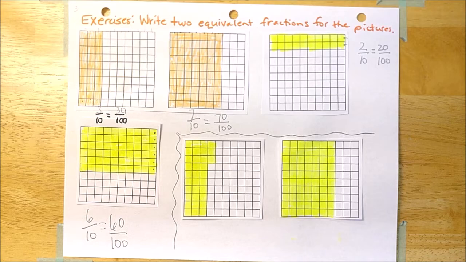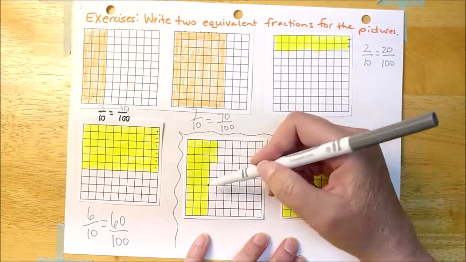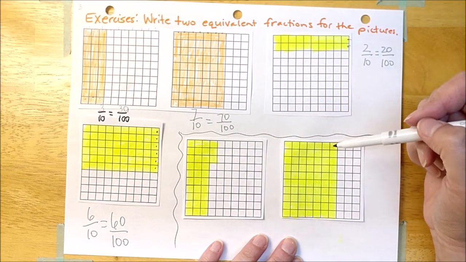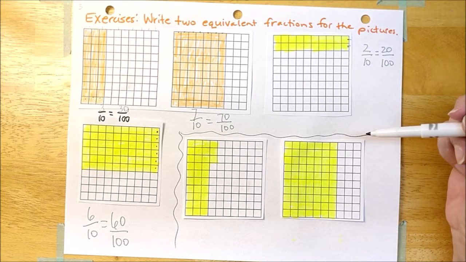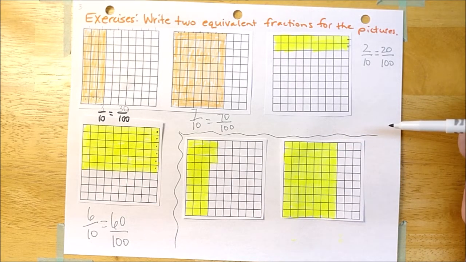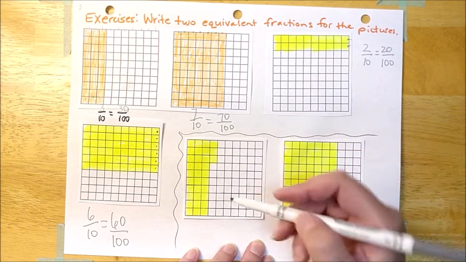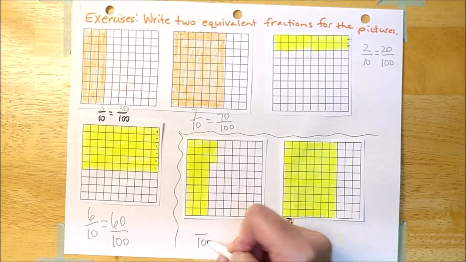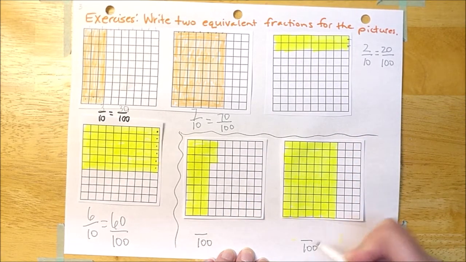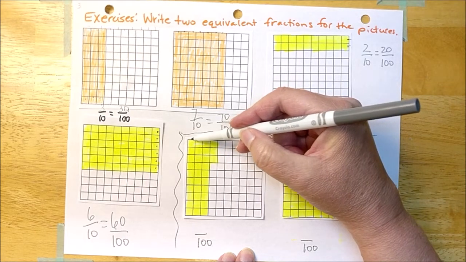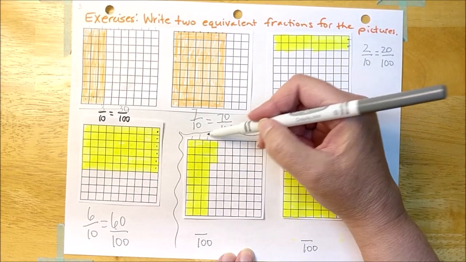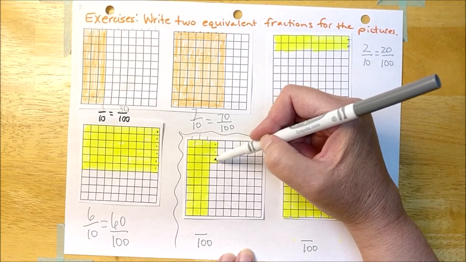So now I would like to compare these 2 hundredth charts. On this chart, this one's out of 100, and this one's out of 100. In this chart I have 10 colored in, 20, 30, 31, 32, 33.